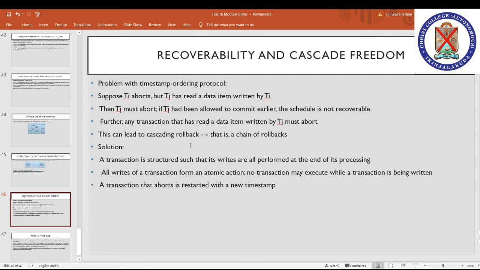The solution is that a transaction is structured such that its writes are all performed at the end of its processing. All writes of a transaction form an atomic action. No transaction may execute while a transaction is being written. A transaction that aborts is restarted with a new timestamp.